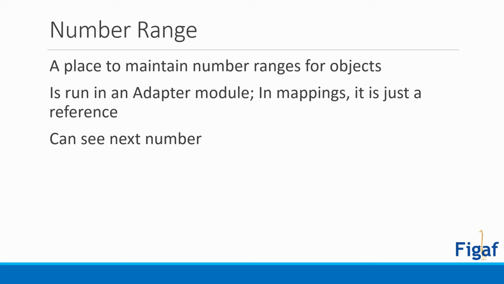One thing we can talk about is number ranges. There's a number range generator, which kind of sounds cool. But that's a system that will allow you to generate number ranges and make sure that the system adapts these number ranges. The thing is, this only works in the adapter engine, which means that in your mapping, if you want to run this, you just put in a qualifier saying, hey, these are the different values we want for this.